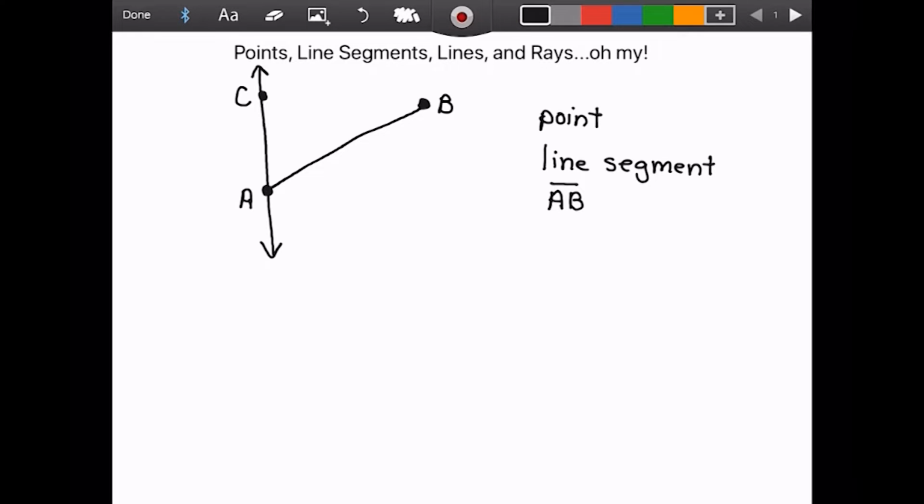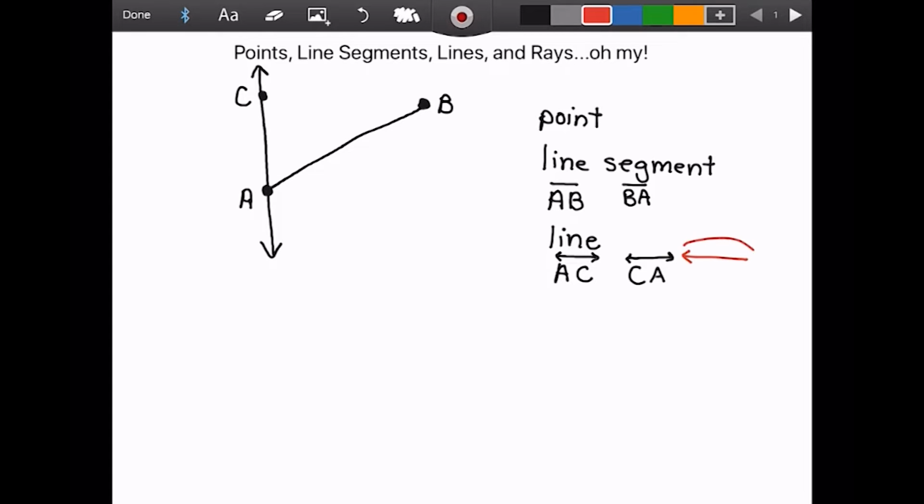So what's the difference between these two? Well, the one we've just made is actually called a line. We'd write it like this, or you can write it the other way. The same goes for up here: you can reverse those and it still means the same thing. But notice that my symbol looks a little bit different.